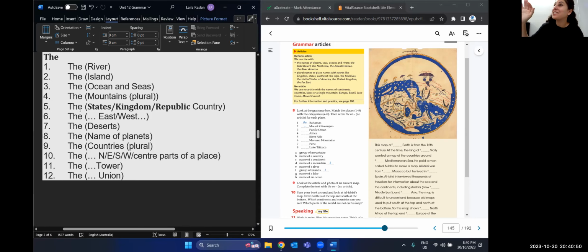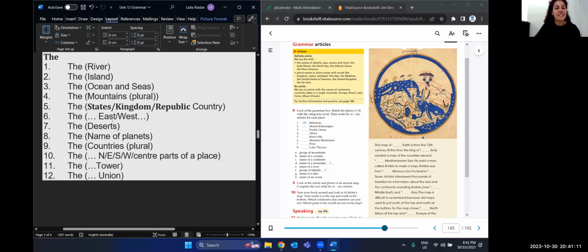If you have a country that has the word states, kingdom, or republic, you say the. For example, the United States of America, the United Kingdom, the Republic of Dominica.